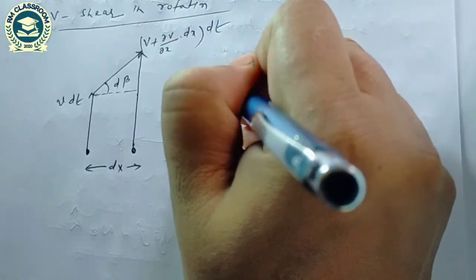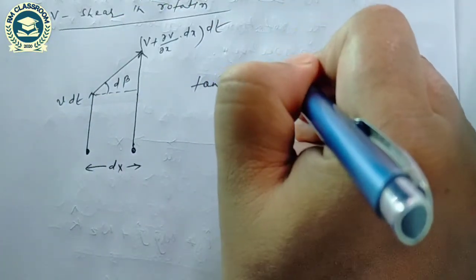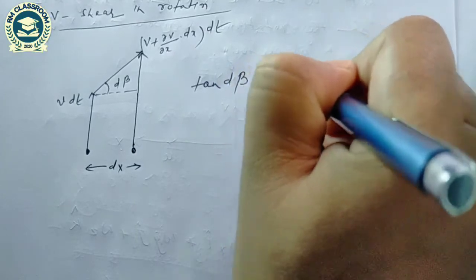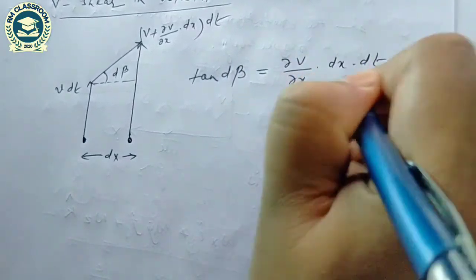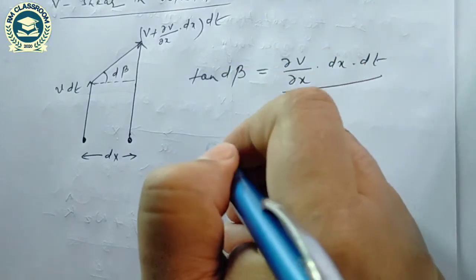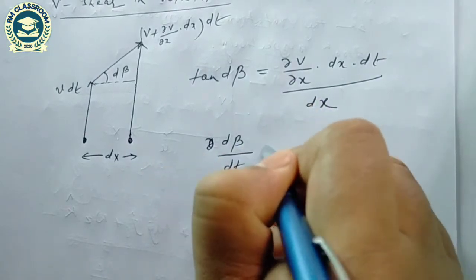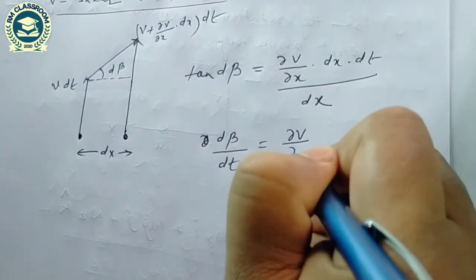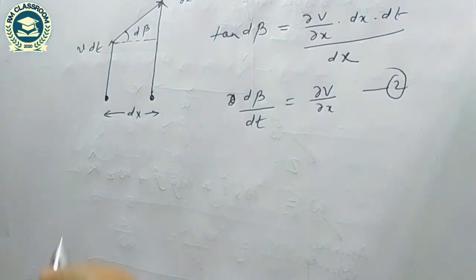So tan d beta is equal to this by this, which is del v by del x into dx dt divided by the parallel distance dx. So here d beta by dt can be written as del v by del x. This is our equation number 2.